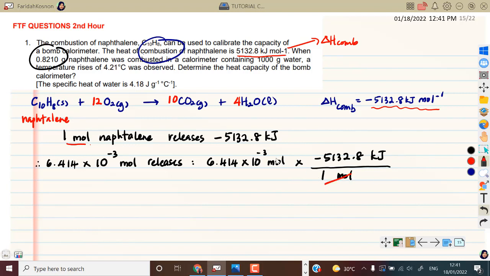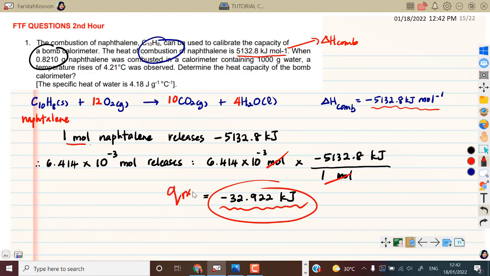So, cancel out, and you will get negative 32.922 kilojoule. What does negative 32.922 kilojoule mean? Actually, this is the Q reaction, the heat released from the combustion reaction in the calorimeter. So we have got Q reaction here.